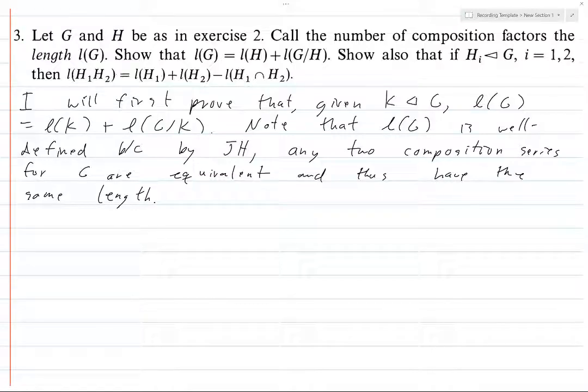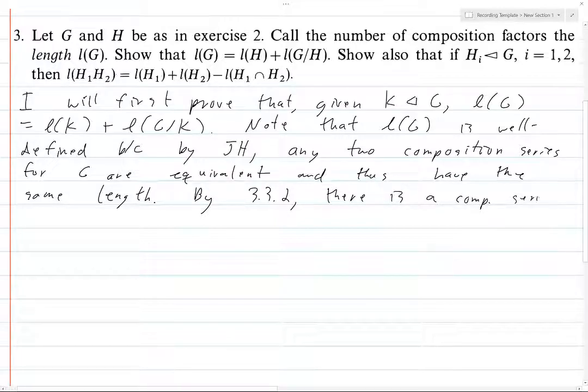So by 3.3.2, there is a composition series G equals G_0 contains the way down to, let's say G_k will be equal to K. Then this will go down all the way to G_m, which is going to be equal to 1.